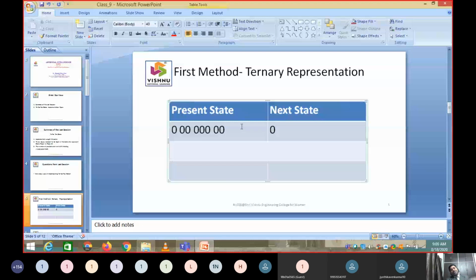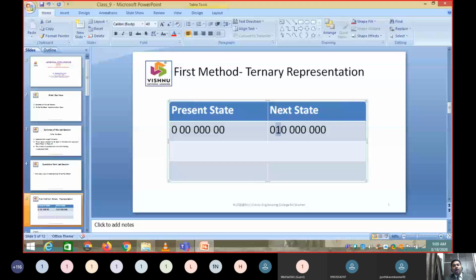And what can be the next state? Can this be a next state? Is it possible the next state can come like this? Yes, sir. Yes, because one has played and has kept itself in the second position.